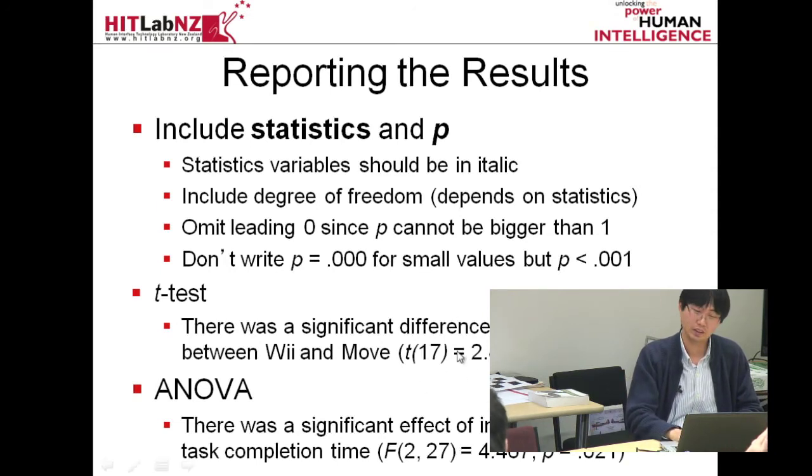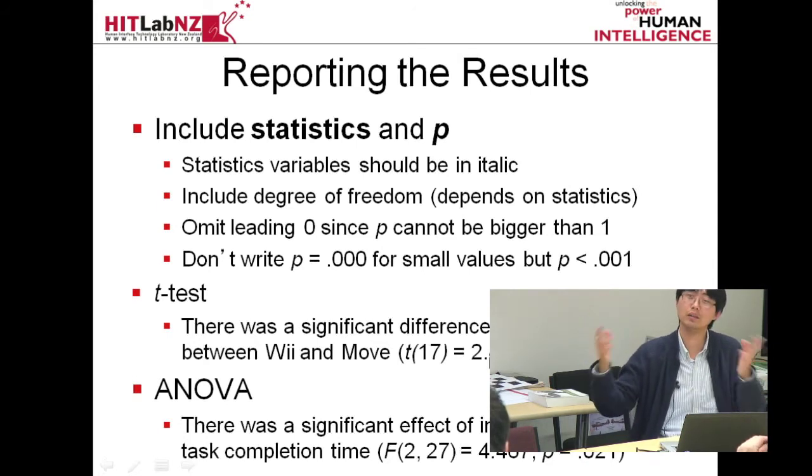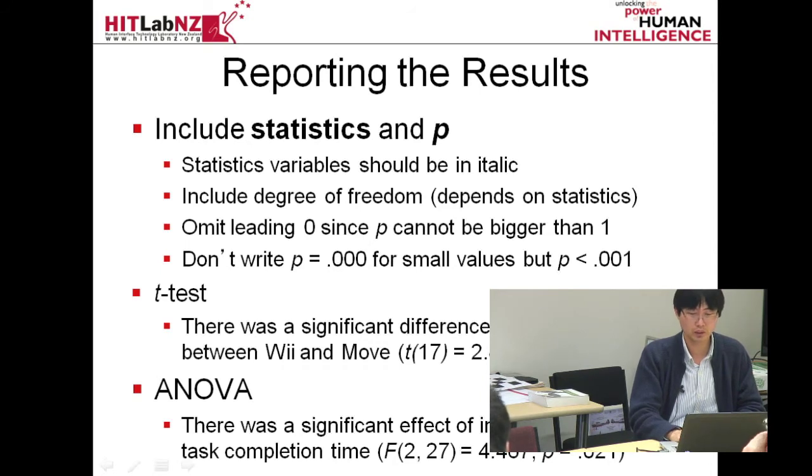Even if it doesn't print out the p-value, you can still calculate it based on this, but then you'll have to look up the t distribution table and calculate the probability. So the statistics tool does calculate the probability out of it anyway. At the end, the final value you really want to show is the p-value.